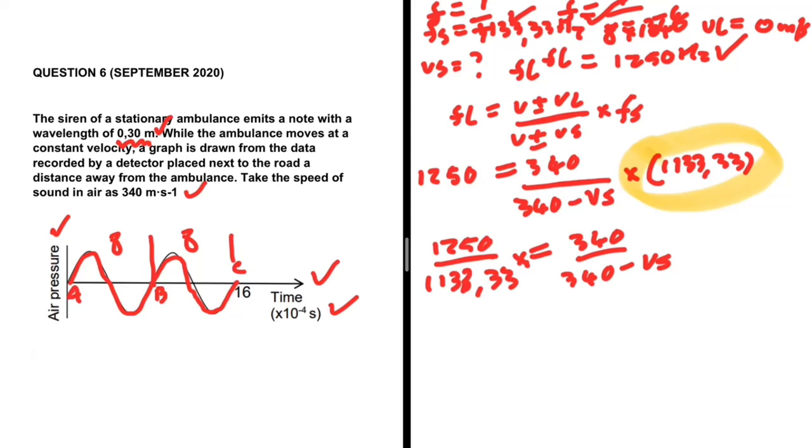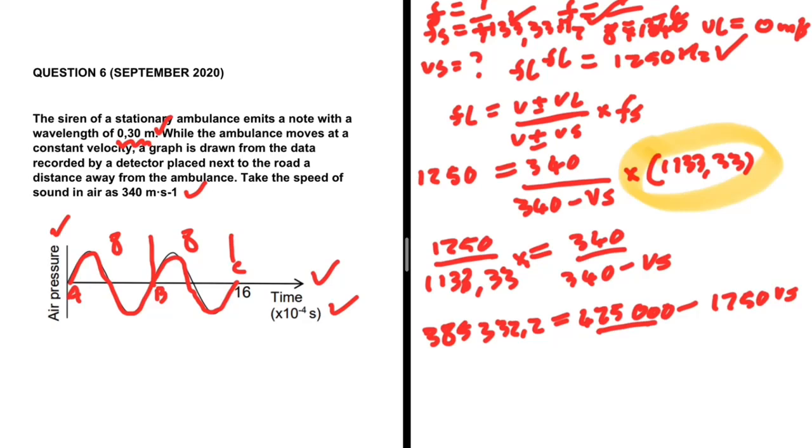So if we cross multiply, we're going to have 385,000, 332.2 equals 1250 multiplied by 340, so 425,000 minus 1250 VS. I'll take this to the left-hand side, obviously.